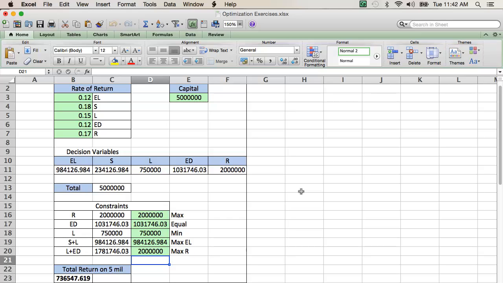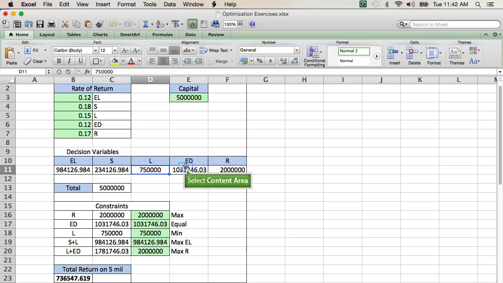The only one that gives us a little bit of slack is this last one, as shown. The maximum total return that we could expect is calculated, and that's certainly a big part of our answer, but the way that we're obtaining that answer is by deciding how to divide up the 5 million across the 5 market areas.